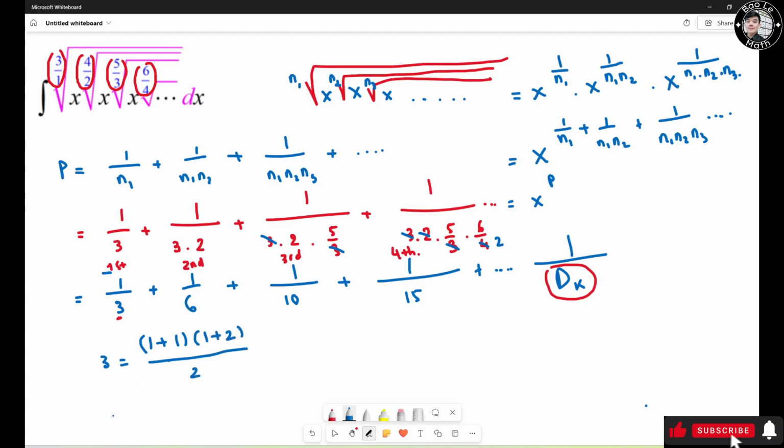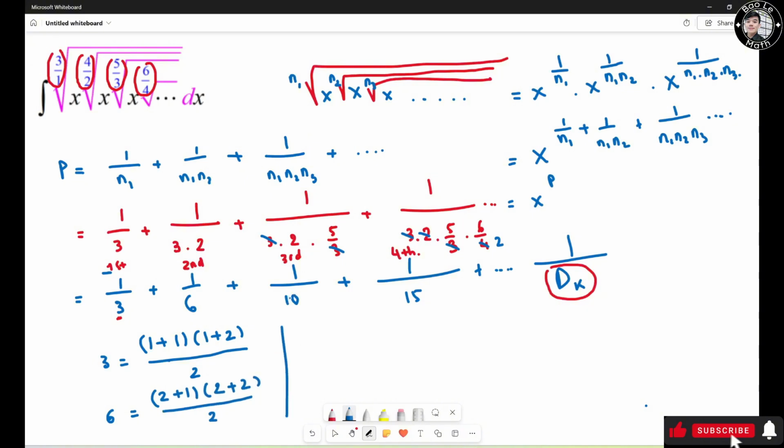Now 6, the second term, is 2 plus 1 times 2 plus 2 divided by 2.